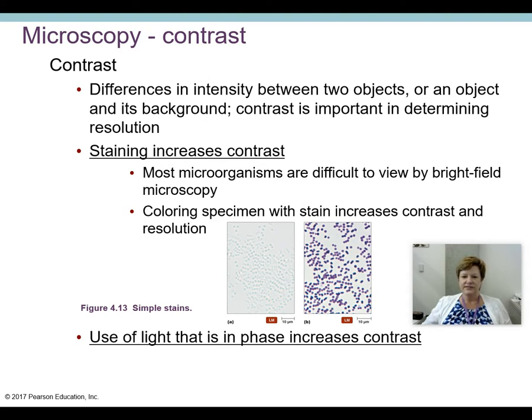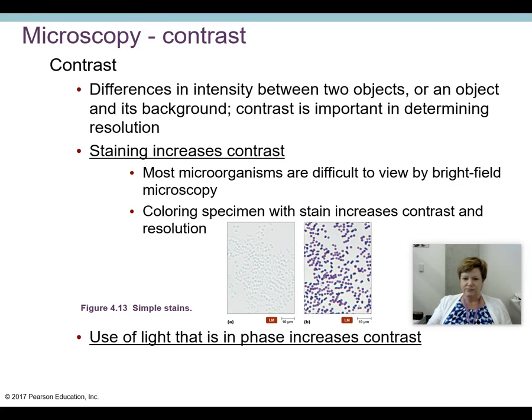When we look in this example on A, on the left side, you see some cells that are not stained. They turn a little gray or a little kind of a green, just because of the way the light passes through them, but they're definitely hard to see. By putting a stain on them, a simple stain in this case, just one stain of purple, you can see on B how much easier it is to see objects.